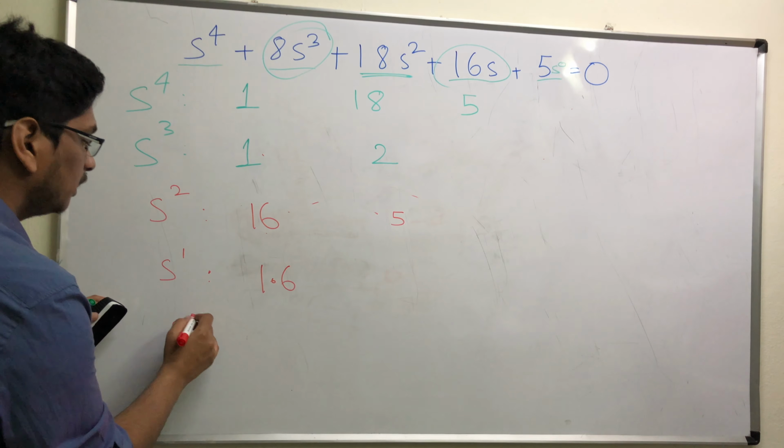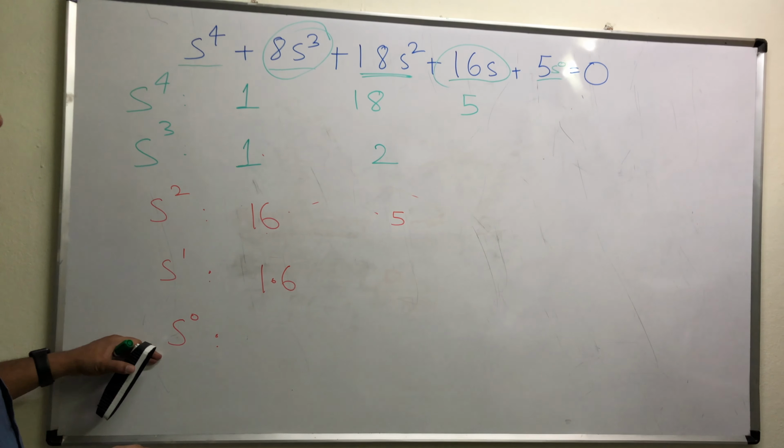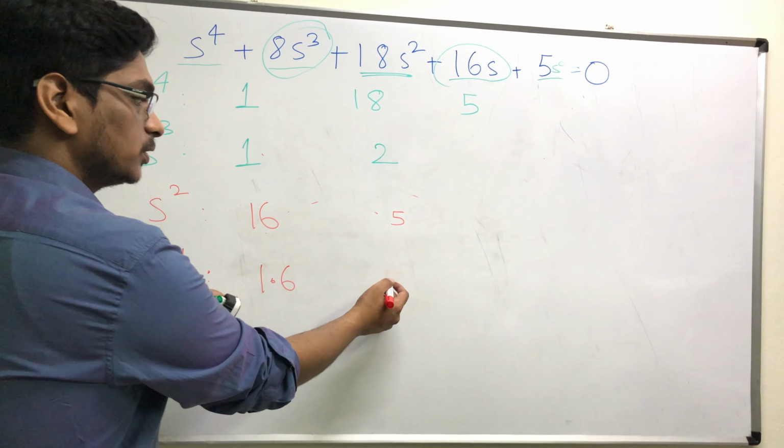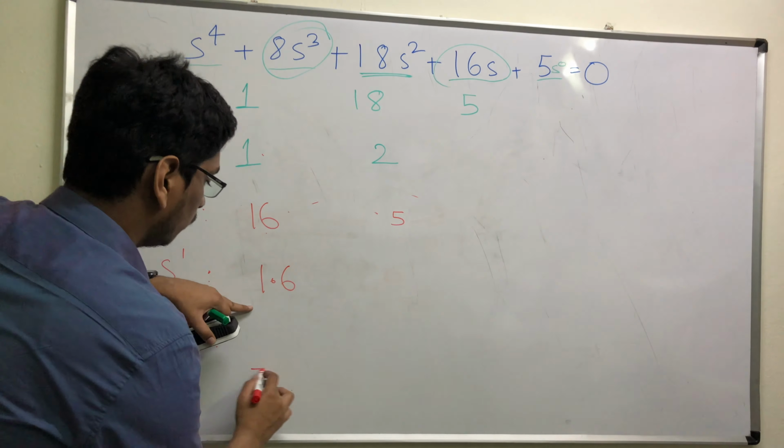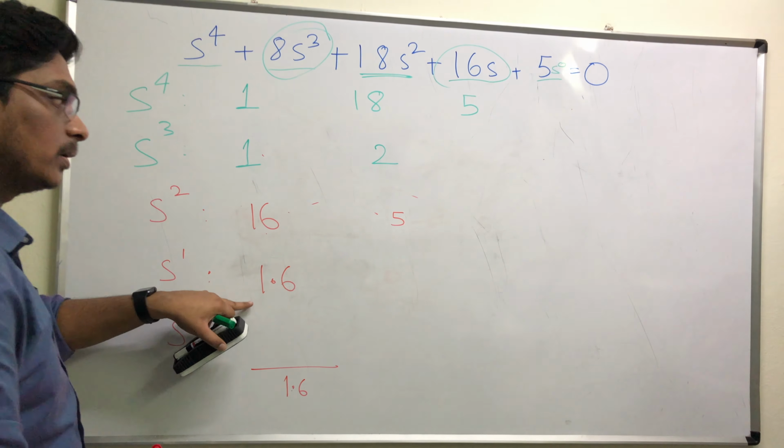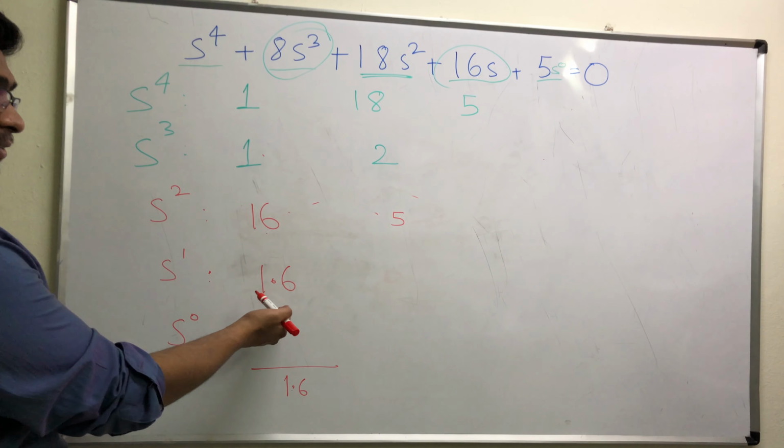The last one that we need to obtain is S power 0. How do I obtain this one? So this one is 0, right? So my base is 1.6, previous row.